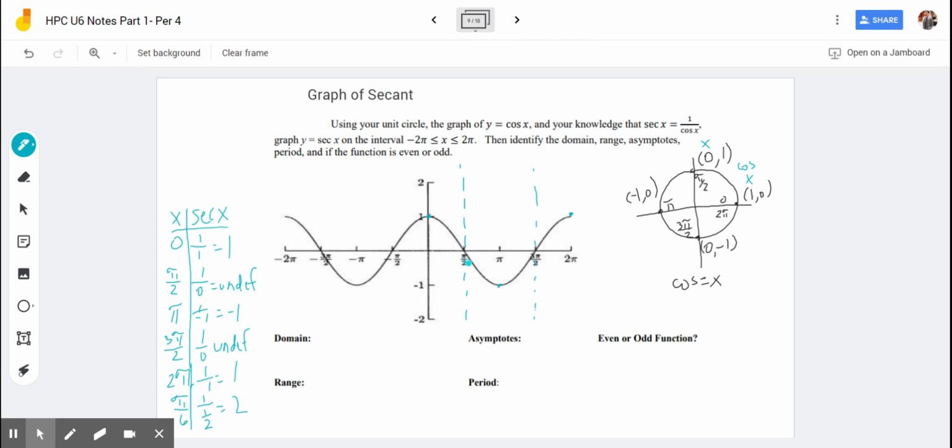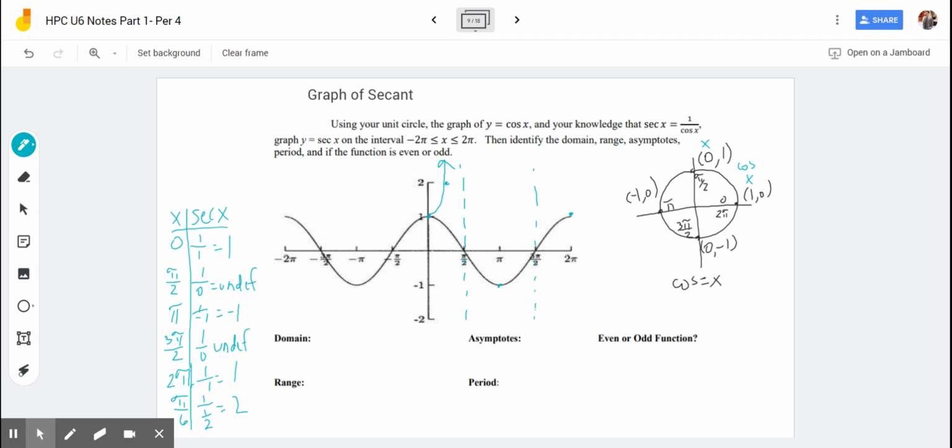So this is about 1.5. So a half a unit is about a third of the way there, right? So it should be about somewhere around here. This is our value cosine of pi over 6. So instead of it being at a half, it's going to be at 2 for secant.